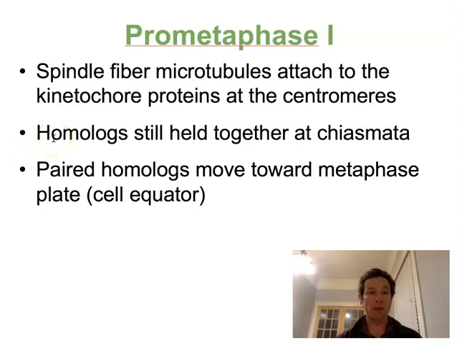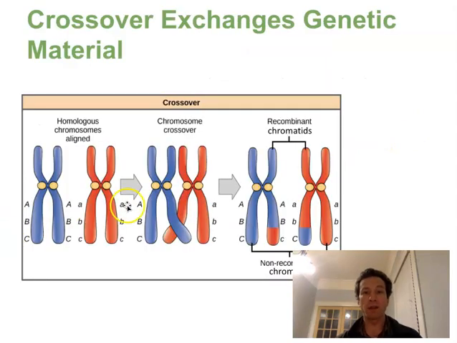At this point, the homologs are still held together. So homologs are moving as a pair, and what's going to allow them to move as a pair are the chiasmata, those points of crossing over. So for example, on this diagram, at this point right here, there are actually proteins that will hold these two chromosomes together.